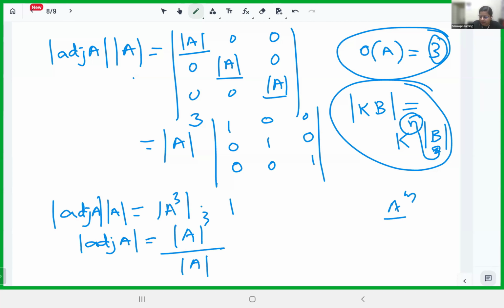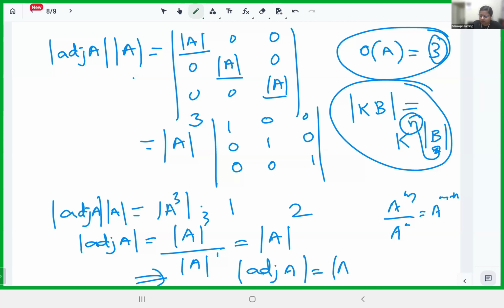A raised m by A raised n is equal to A raised m minus n. So this is 1, this is 3. 3 minus 1 is equal to 2, right? So this will become determinant A square. So we have proved that determinant of adjoint of A is nothing but determinant of A square. Alright.